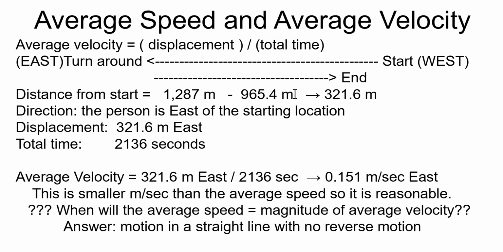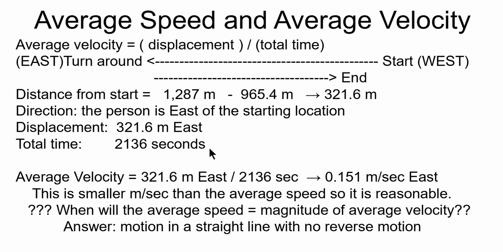And this has a direction. The displacement has magnitude and direction. So the magnitude is the distance, 321.6 meters, and the direction is east. We've not returned back to our starting point, and on this side we'd be west, but our direction is towards the east. So there's our displacement.